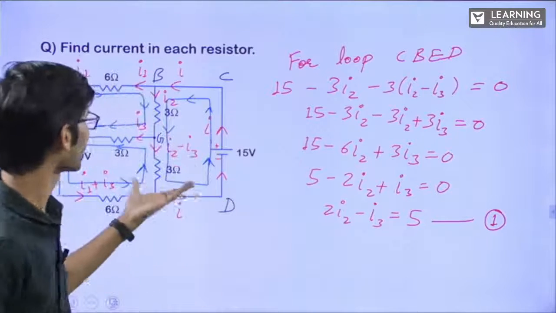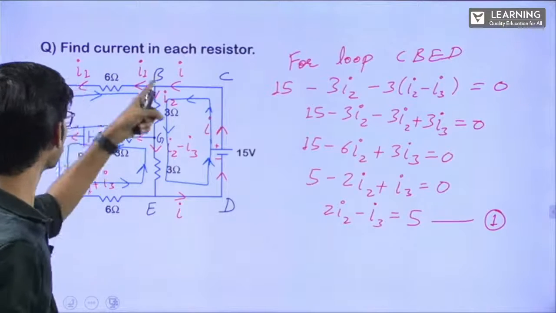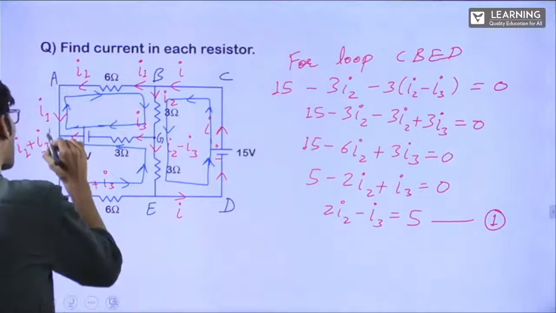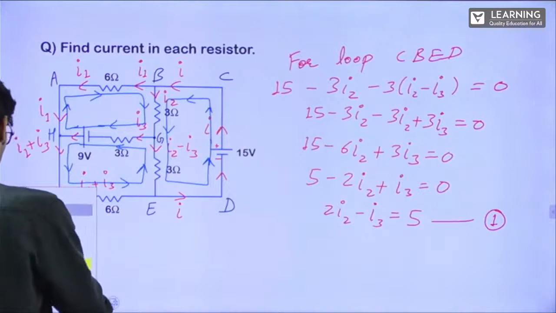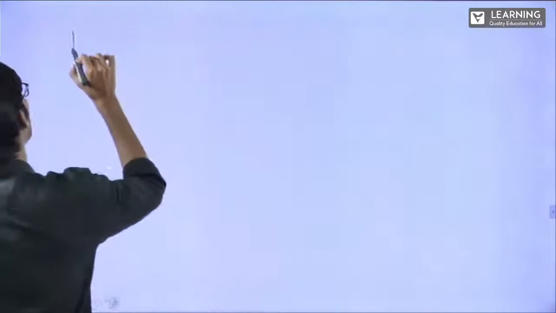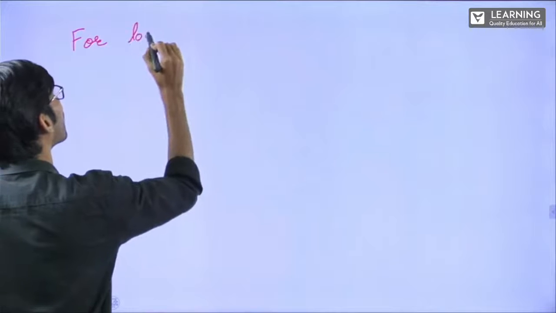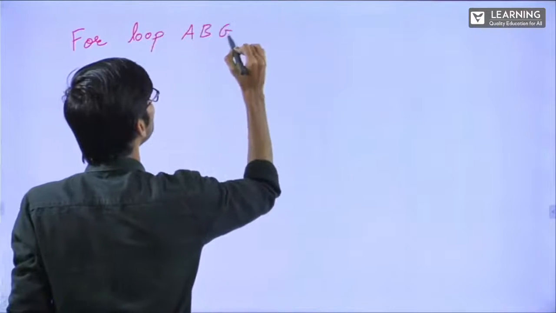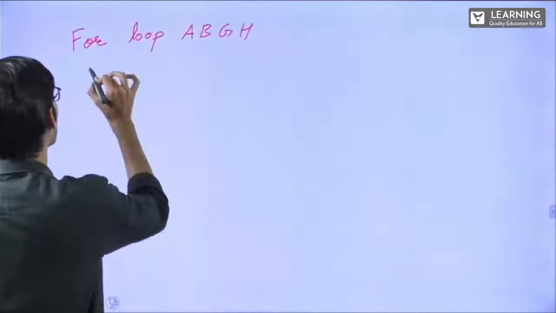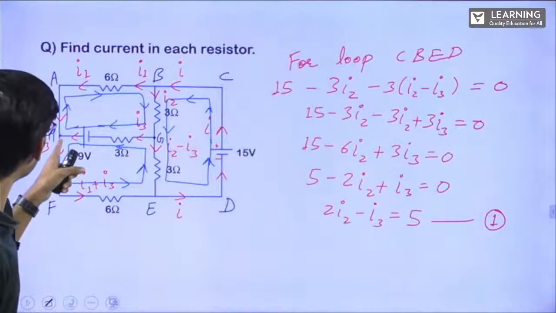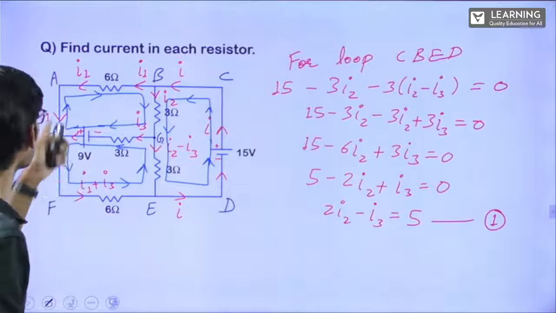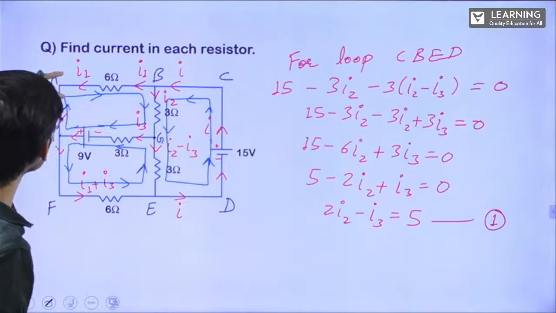All right. Now next, let us take this loop. This is A, B, G. Okay, one more point is there, H. A, B, G, H, right? For loop A, B, G, H, let us start from here. 9 volt. See, our direction is in this direction. Here this is negative to positive, right? So this will be 9 only. Then our direction is opposite to that of current, right?